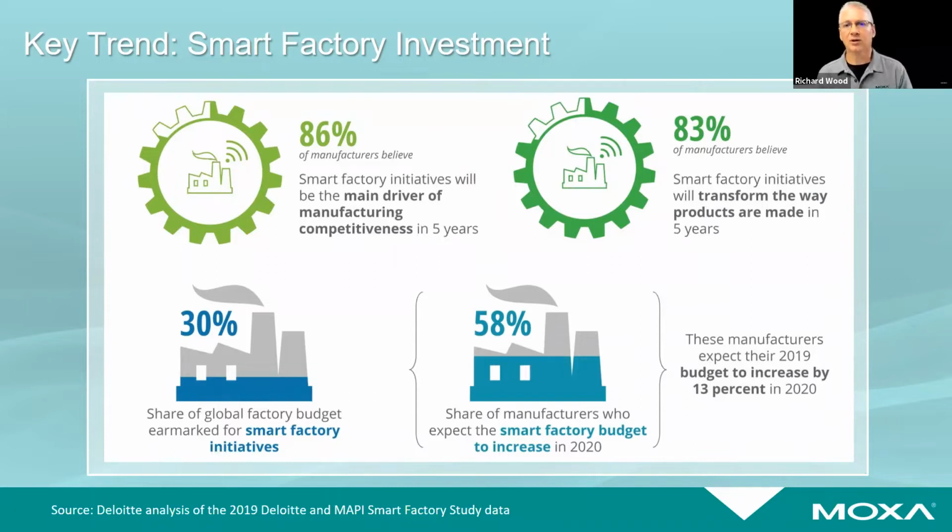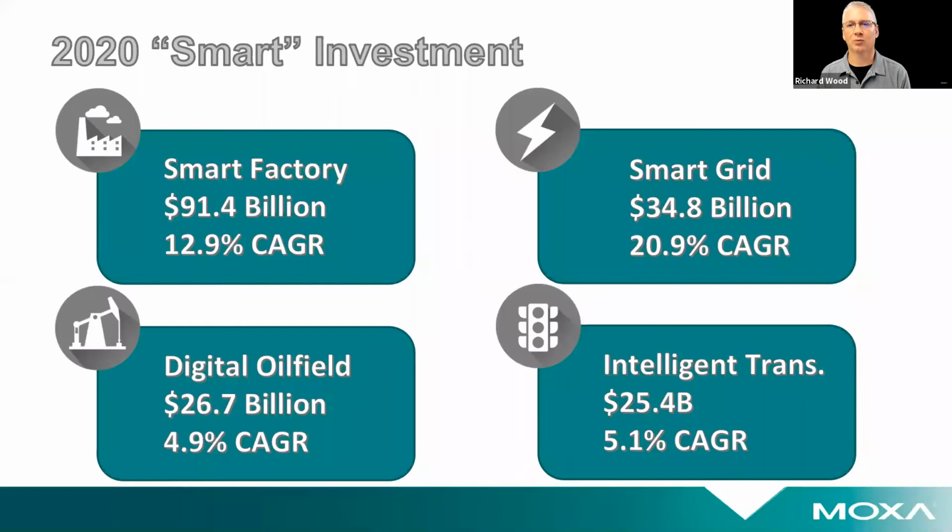So let's look at how that investment compares with other industries. So we talked a little bit about smart factory, and that's by far the largest at this point, with $91 billion expected to be spent in 2020. These numbers are clearly pre-COVID, but they represent just a 13% growth over 2019.